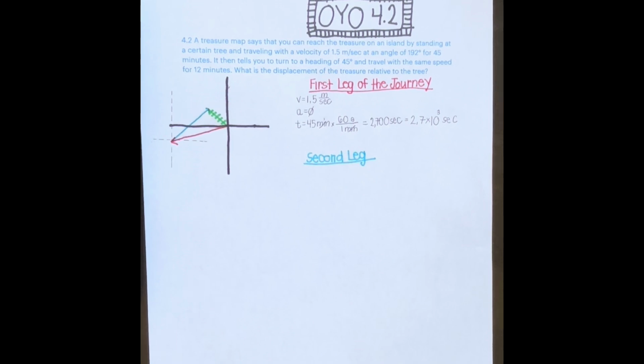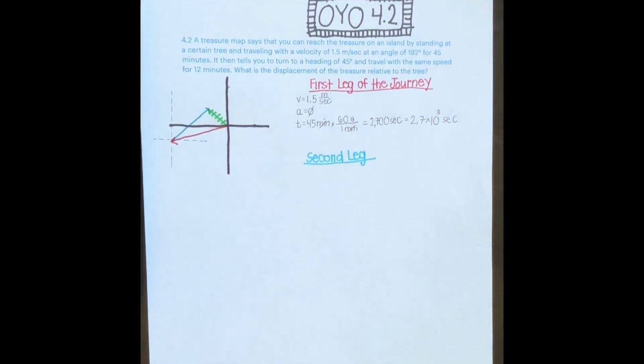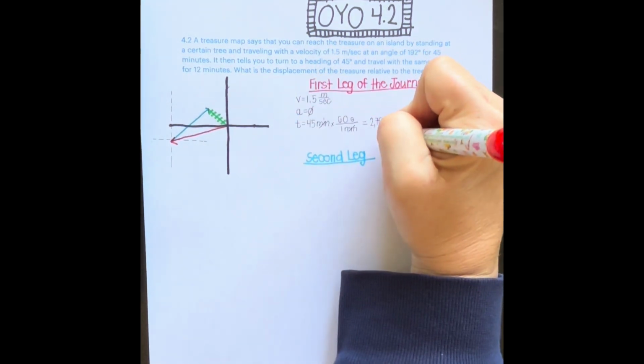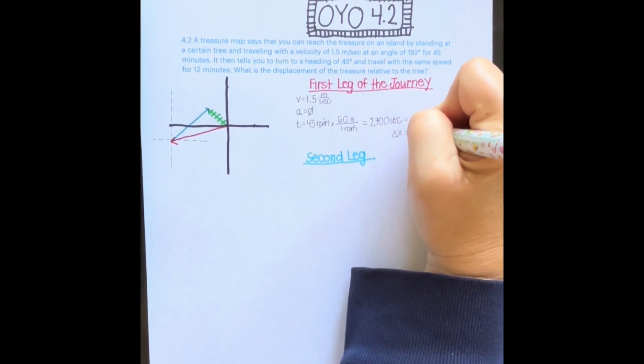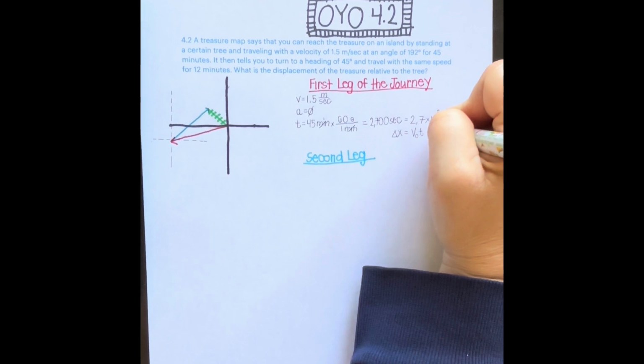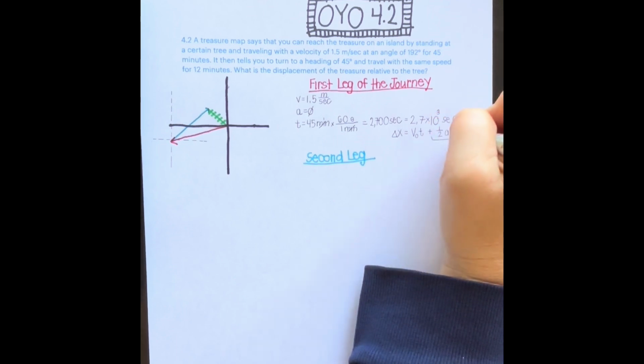constant acceleration of 0, and it is for linear motion. So using these equations, we're going to use our displacement one. So delta x equals the velocity times time plus 1/2 a t squared. Once again, this is 0.